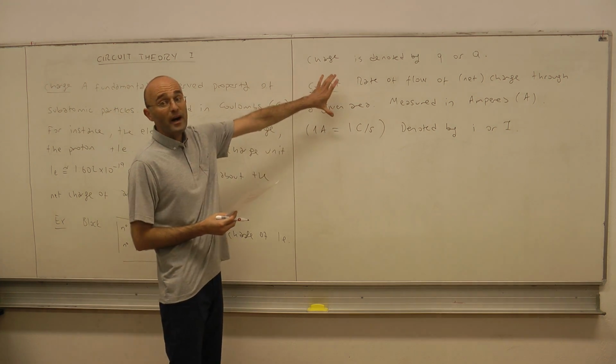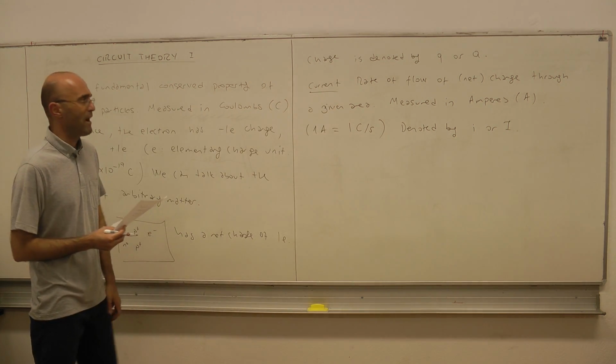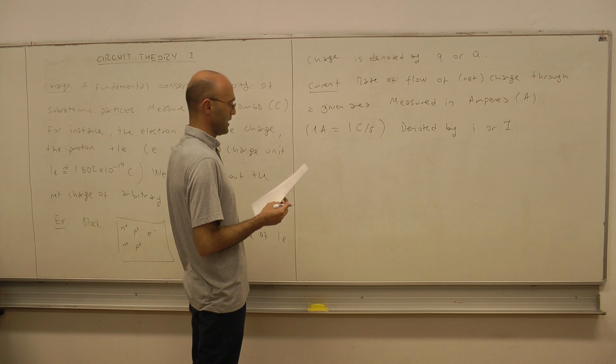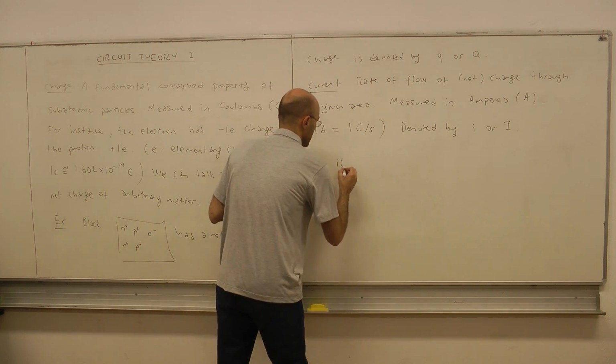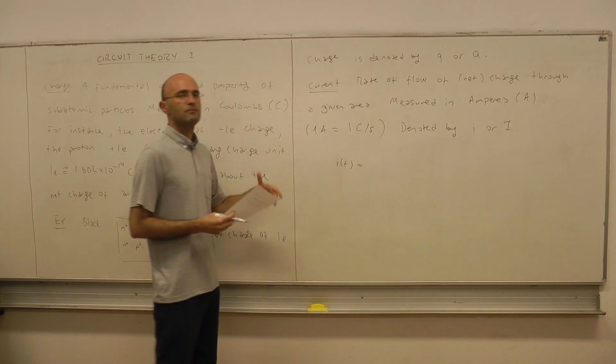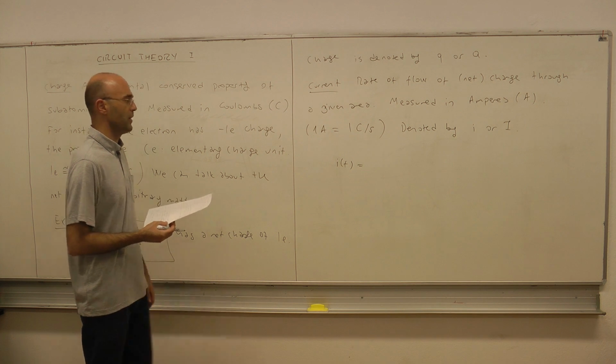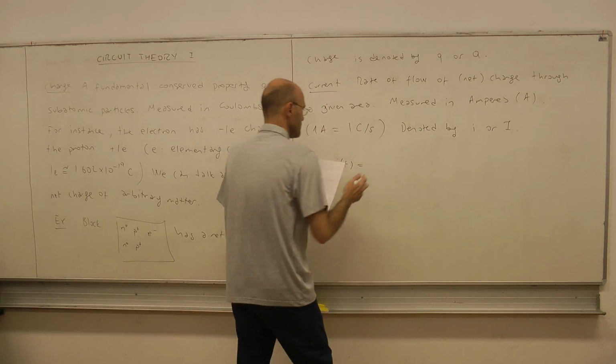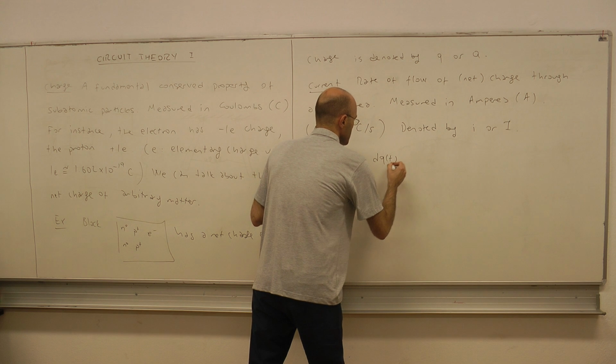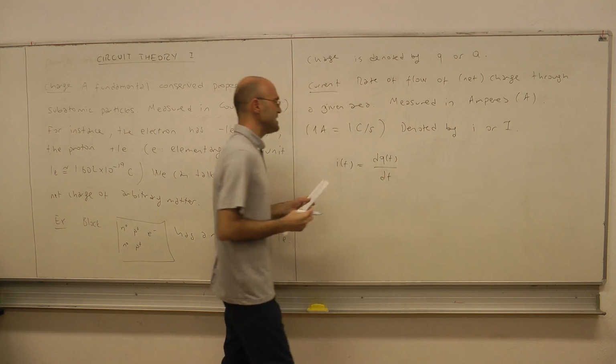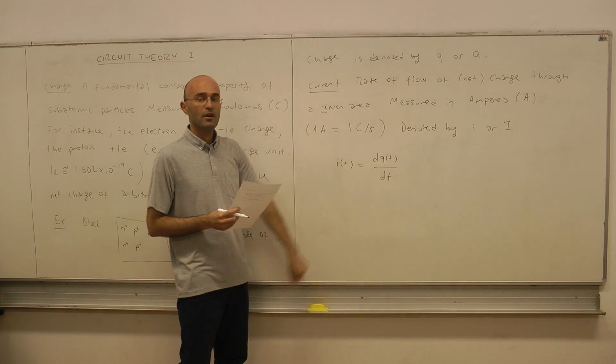Now let's rewrite this sentence in a more compact way. Rate of flow of charge through a given area. So that should mean i of t, suppose that an area is given, should equal dq(t) over dt, the time derivative of charge.